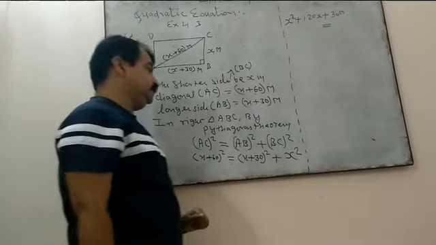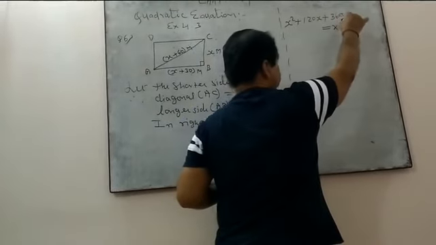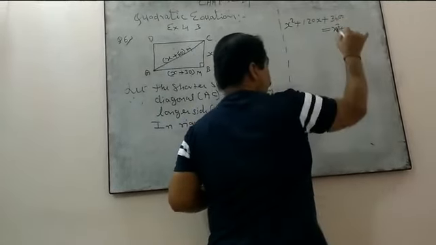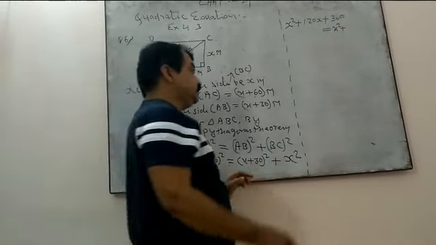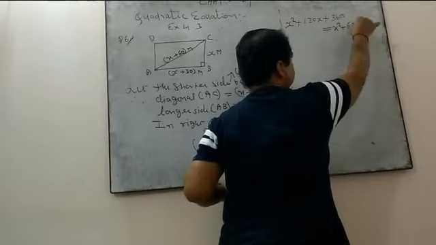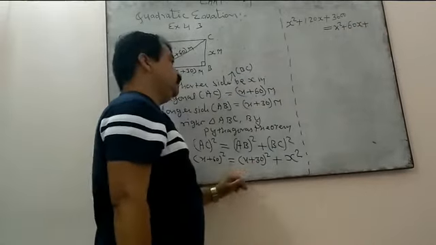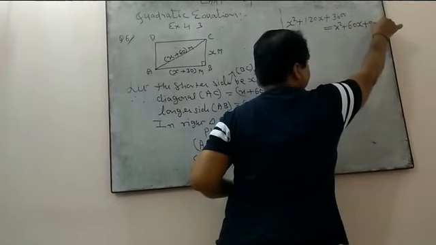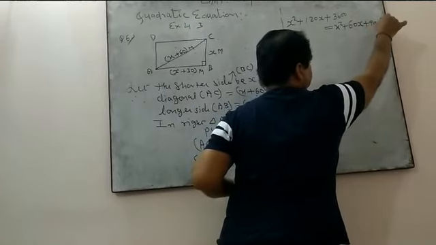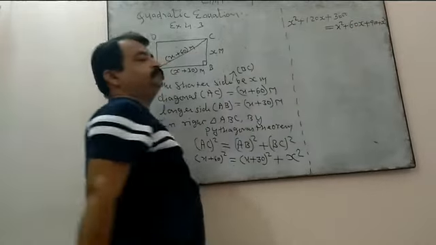Come to the right side. Same pattern: x square, then 2ab, 2 into x into 30, that is 60x, right? Plus b square, that is 30 square, we get 900, and the last term is plus x square.